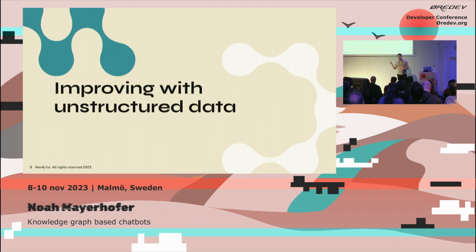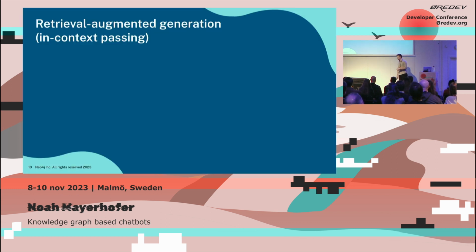So first we're going to take a look at how we can improve these answers and solve some of these problems with unstructured data. So something that's very common to do is to use retrieval augmented generation. And that's basically that you provide relevant context in the prompt to the chatbot.